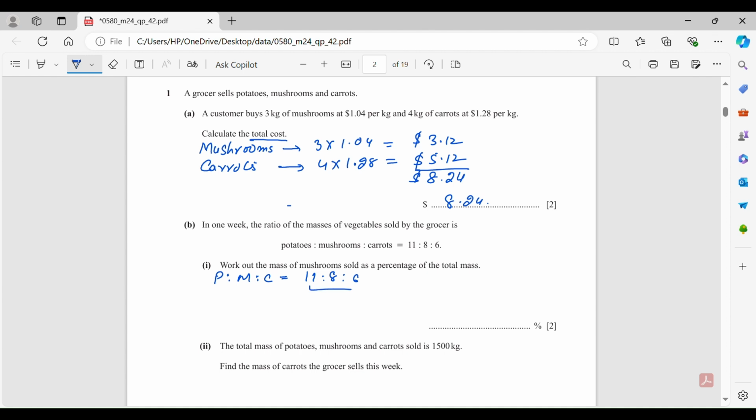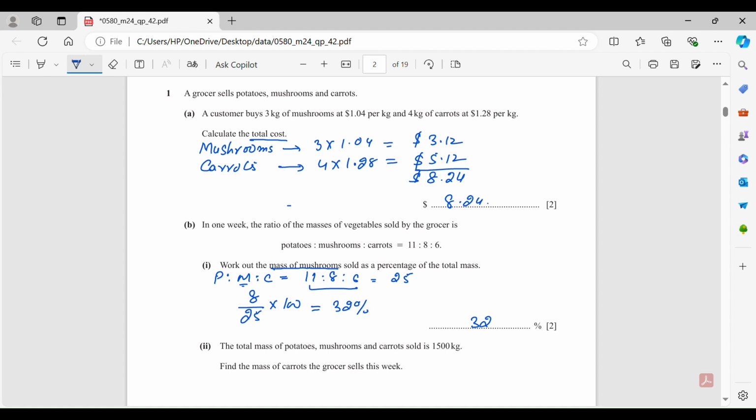The total of this is 25. So we have to find the mass of mushroom. M is 8, so 8 out of 25, times 100 for the percentage, which is equal to 32%. So our answer is 32.